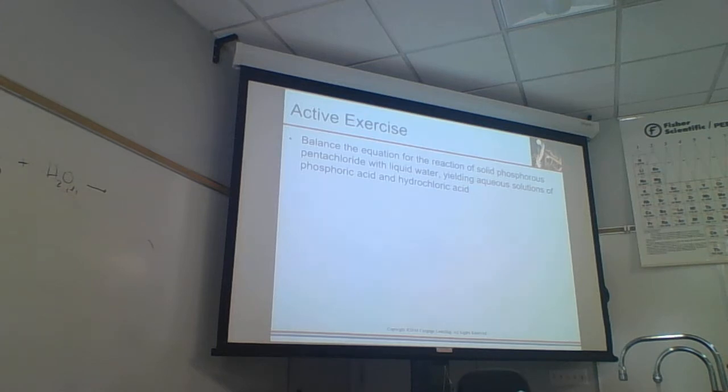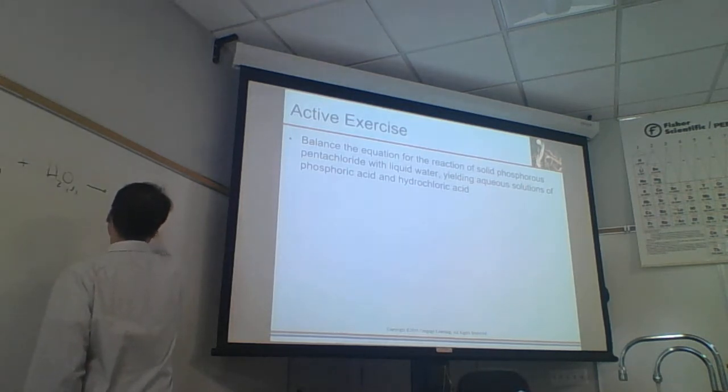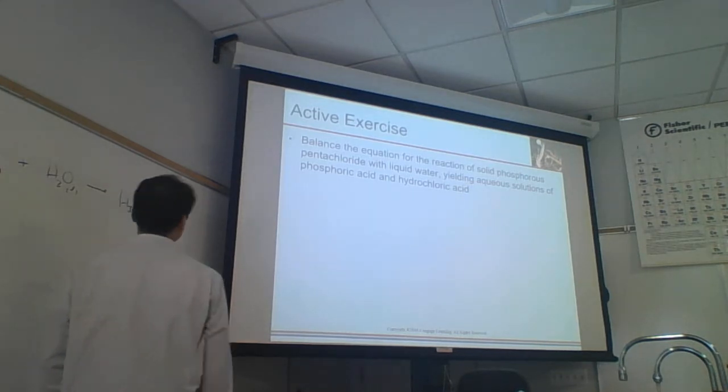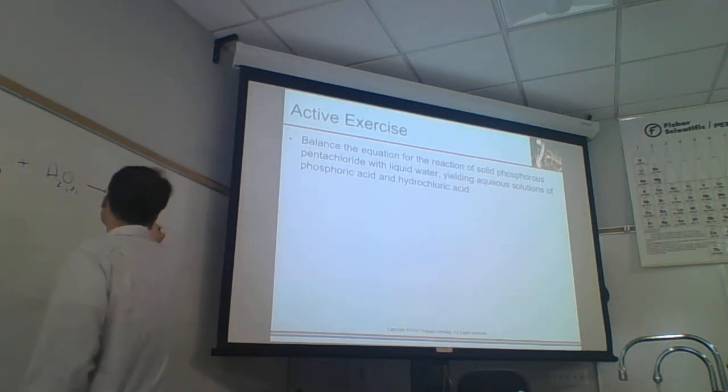The cation is H+. So how many H pluses are we going to need? 3. And so phosphoric acid is H3PO4. So this makes phosphoric acid, H3PO4.